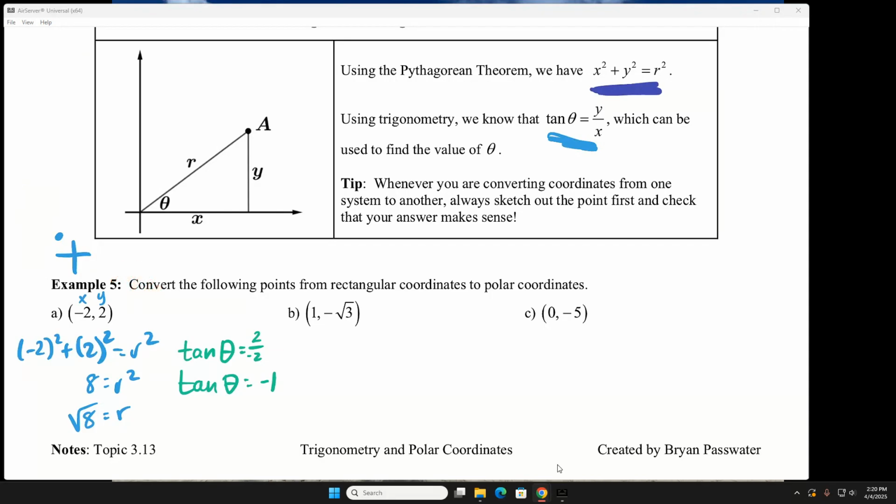But we're looking for the angle in quadrant 2, now that I have it graphed right. So the angle in quadrant 2 that has that tangent is going to be 3 pi over 4. All right, so the polar coordinates for this point right here that you go left 2, up 2, you go to r of square root of 8, and you go to angle 3 pi over 4. That's a direct route to that point.